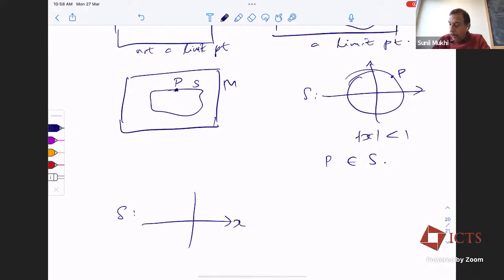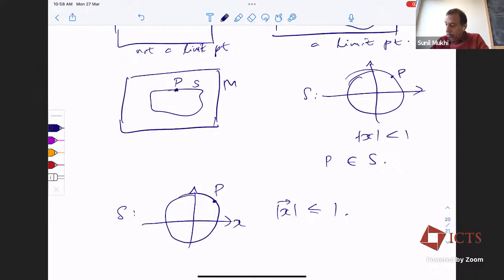It's just drawn the same way. And P is still here. But S is the set mod X less than or equal to 1. Sorry, P is not in S here, and P is in S here.